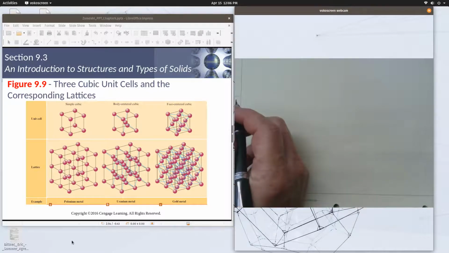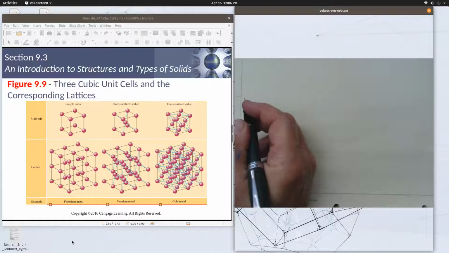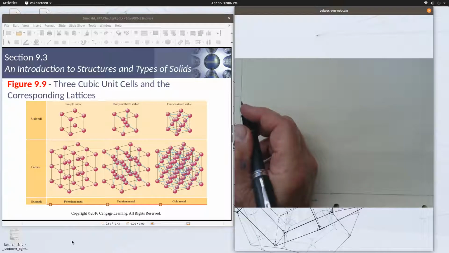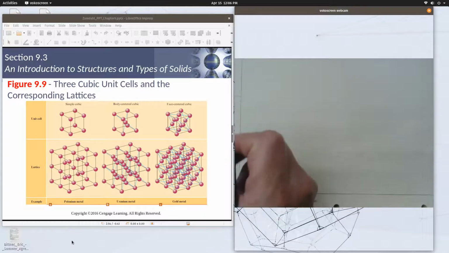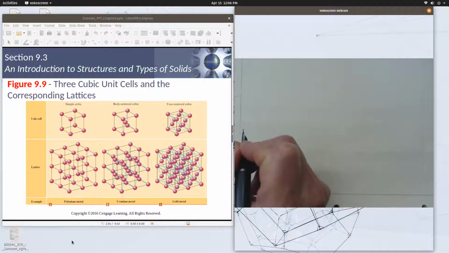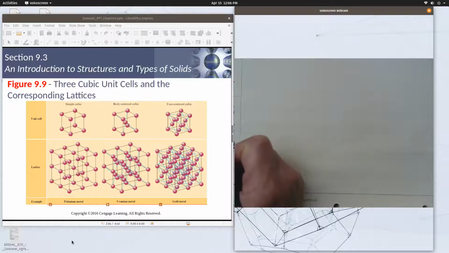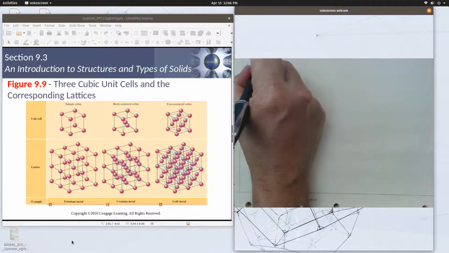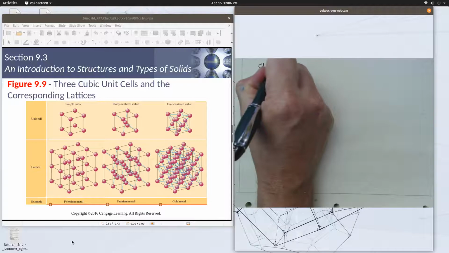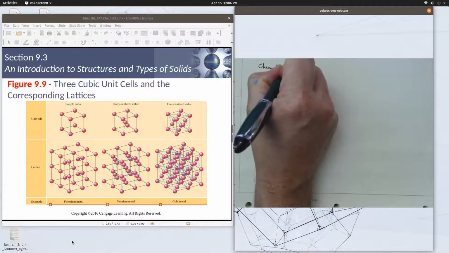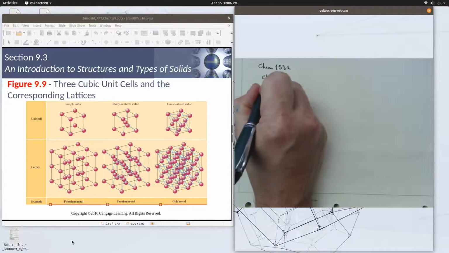We'll continue this next week, discussing the electronic properties of solids and metals, metals, insulators and semiconductors, and we'll get through Chapter 9, and that will be our last part of the course. So again, this is the Chem 1331 Chapter 9.